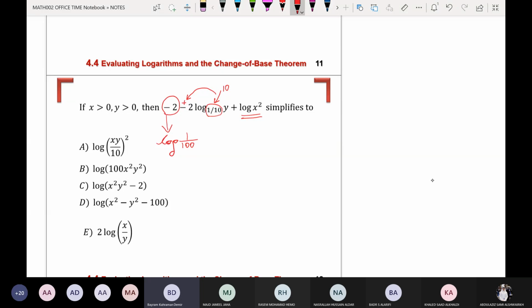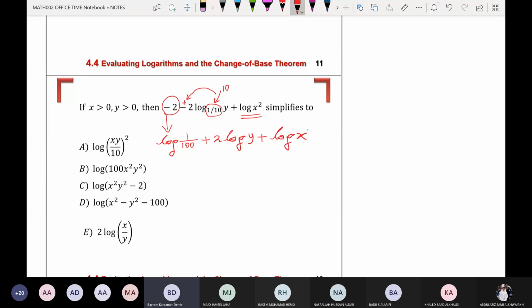So we'll see plus 2 times a logarithm of y base 10. Did you catch it? If I flip the base, I have to multiply logarithm by negative. Because there is another negative, it will be positive here. Yes, perfect.